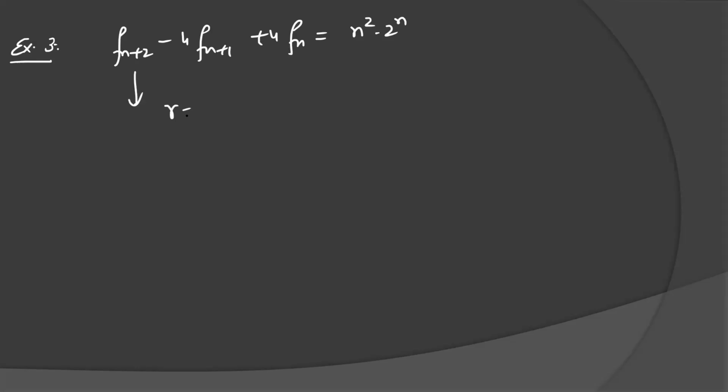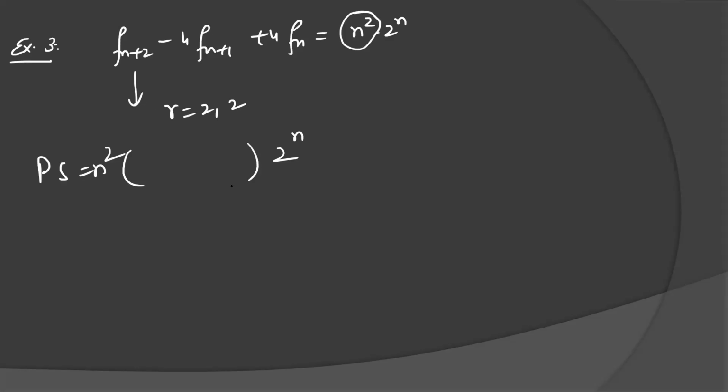In the next problem, the problem will look like this: Fn plus 2 minus 4Fn plus 1 plus 4Fn equal to n square into 2 to the power n. Only we want to write the particular solution. Characteristic roots are 2, 2. Okay. So the particular solution will be 2 to the power n, we will take outside, n square we will take outside. Now we will see this term. This is n square, so it is a polynomial of degree 2.